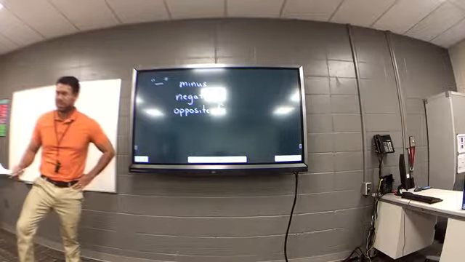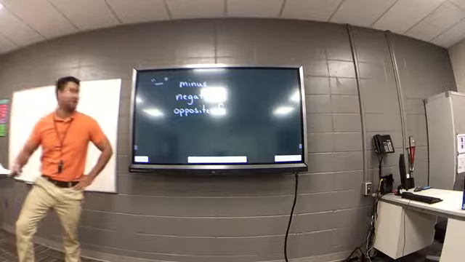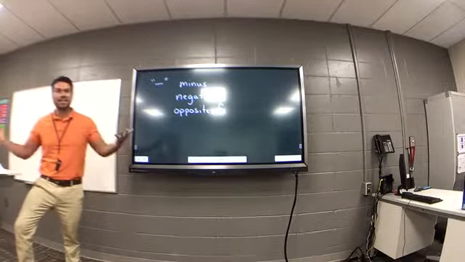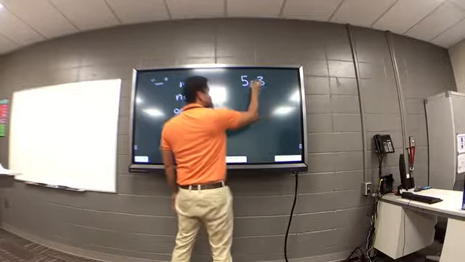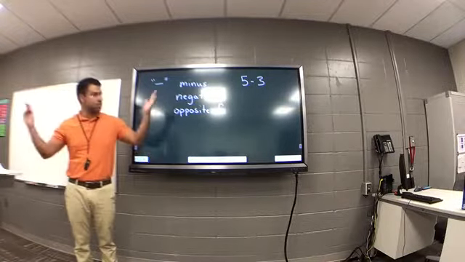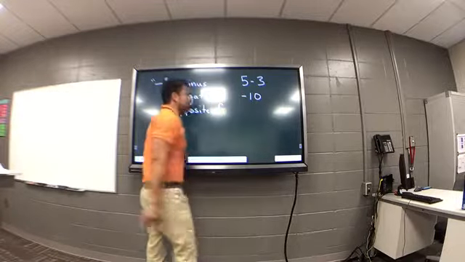Okay. Maybe you remember, I said algebra makes things easier. And right now I just made it more difficult. So which one is it in a given time? Okay, ready? How do you think you would read that symbol? 5 minus 3. Okay, you just say 5 minus 3. How would you read this symbol? Negative 10.